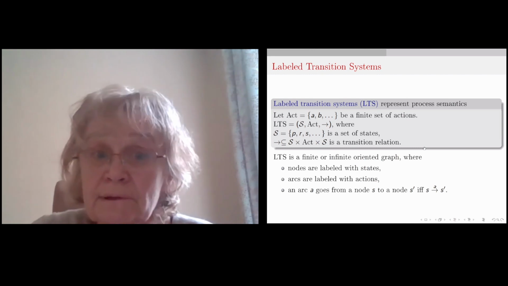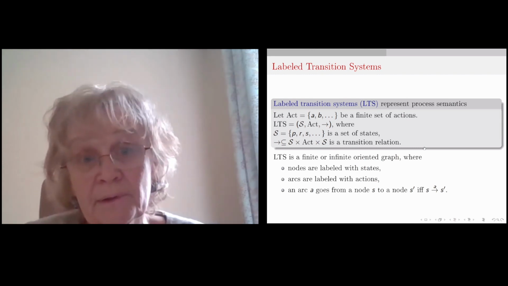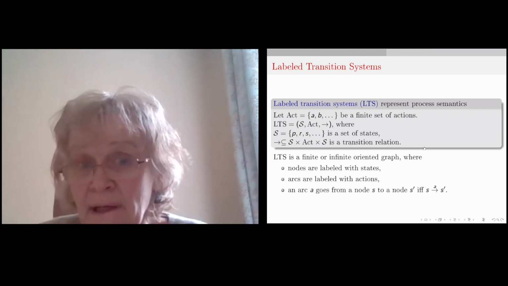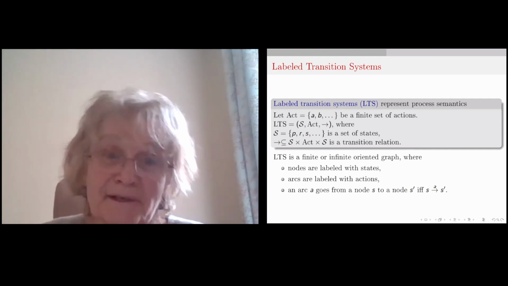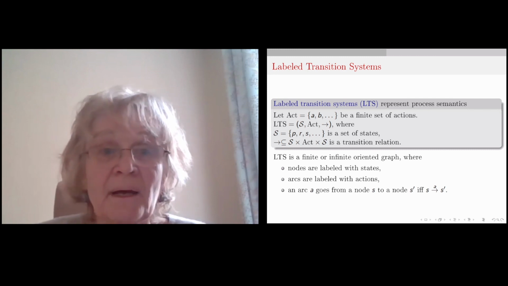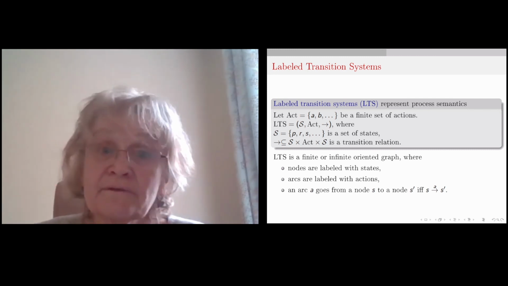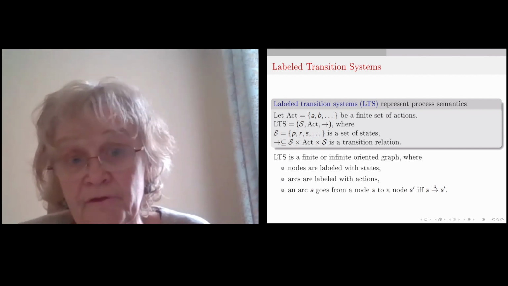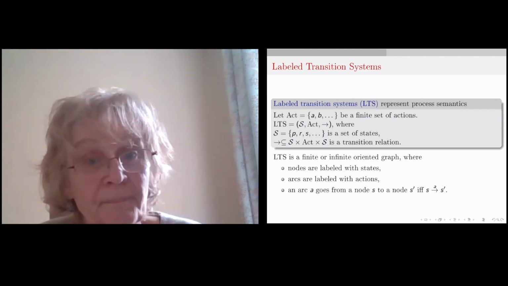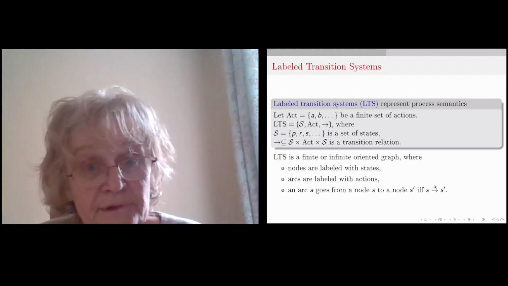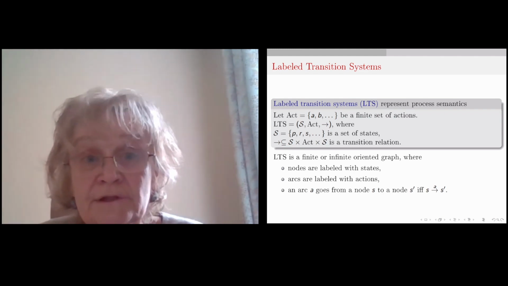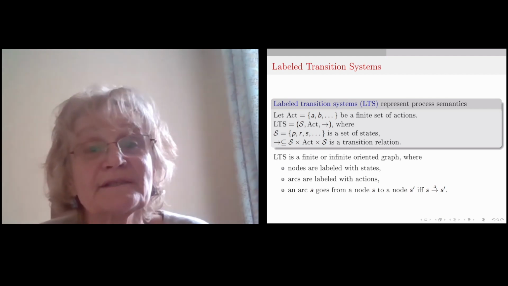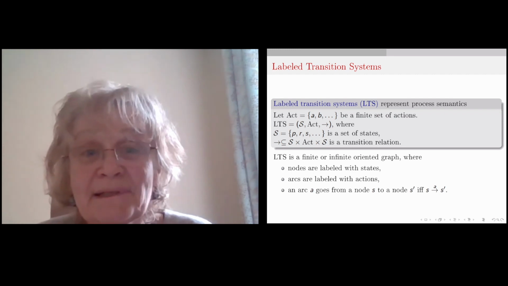And then, of course, we spoke about Petri nets and did not look at the exact definition of their semantics. But actually, for Petri nets and for other systems with finite or infinite reachability sets, we speak about so-called labeled transition systems.